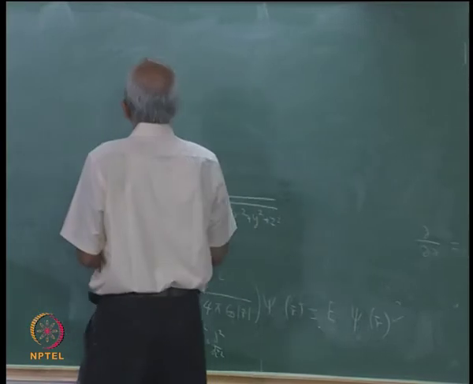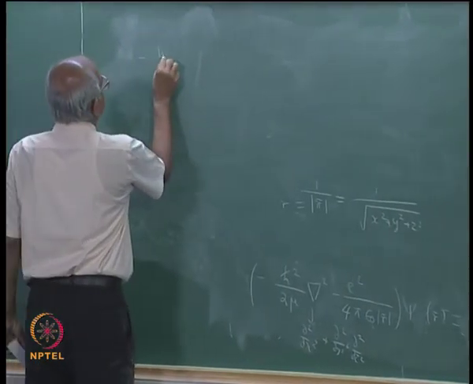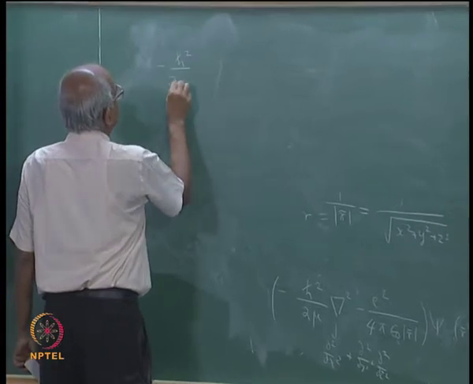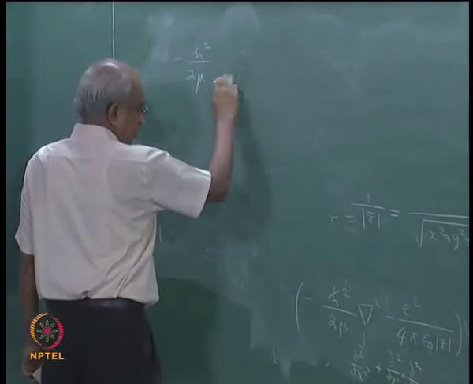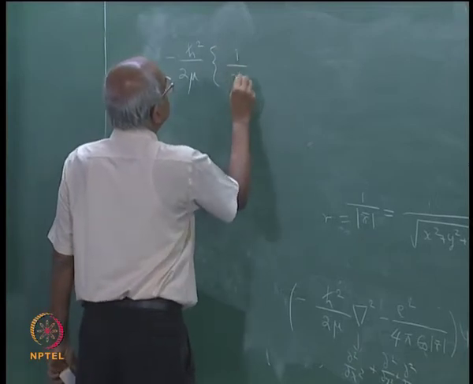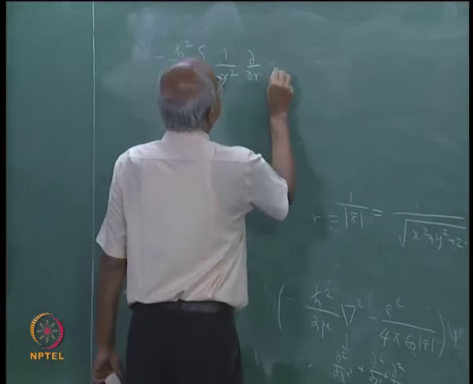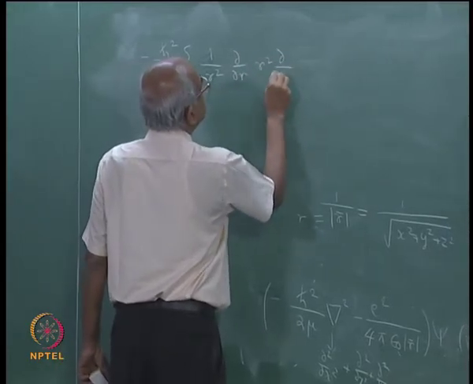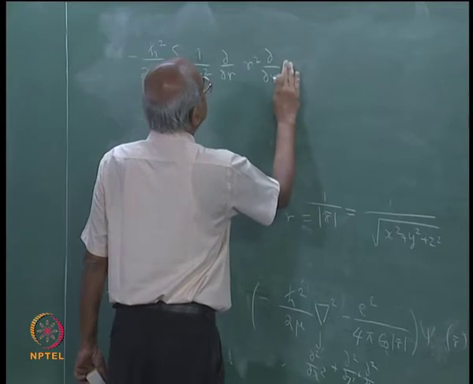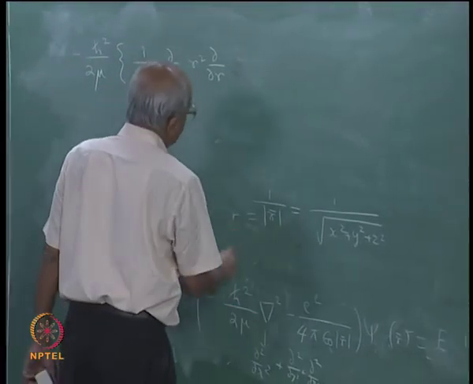So, if we did all these things, what happens to the Hamiltonian? Well, the answer is minus ħ² by 2μ. So, this is the first term that you will find.